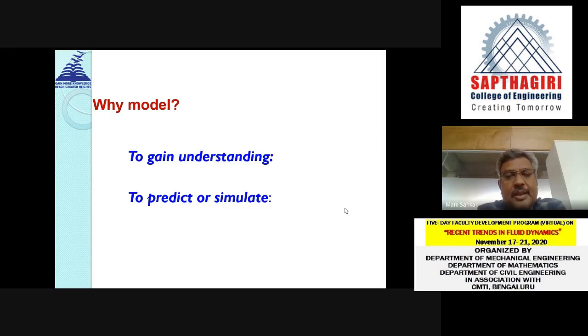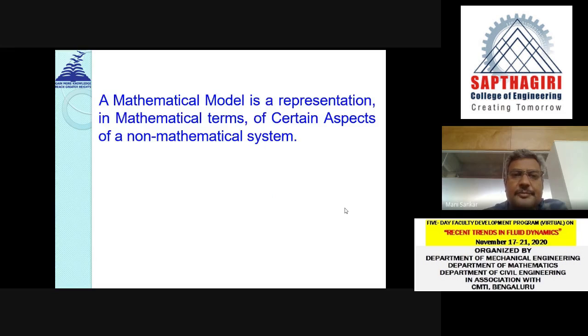It's something like something is better than nothing. That means you are not going to perform an experiment without having any information, but you are going to perform an experiment with some information in your hand about the system you are going to investigate. So this is the main purpose.